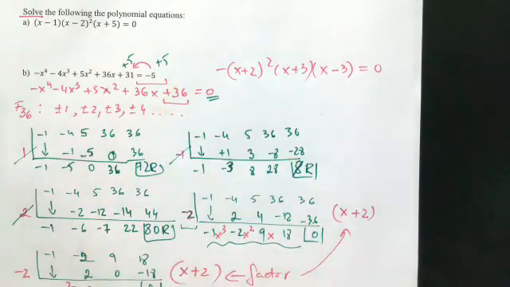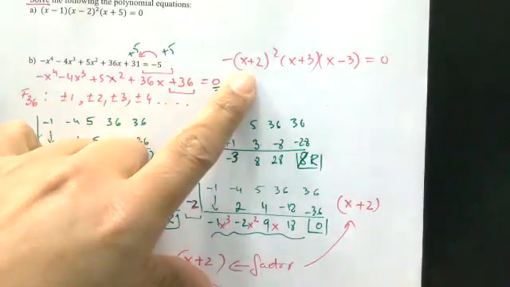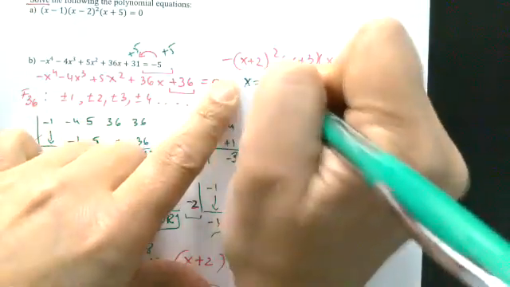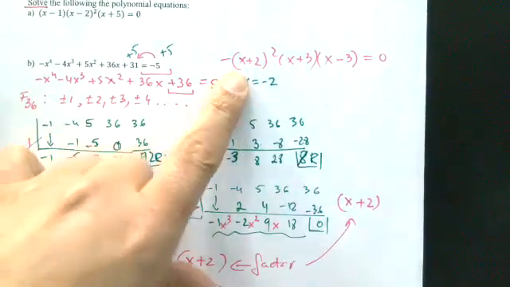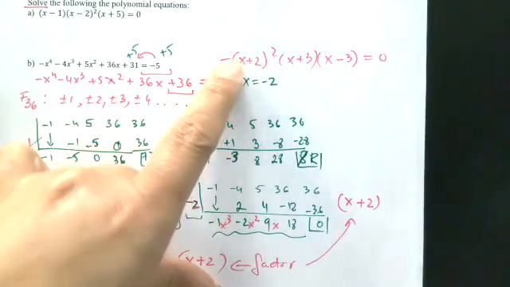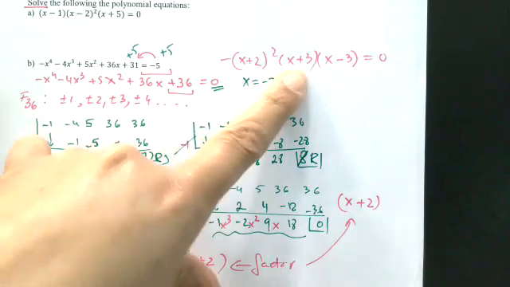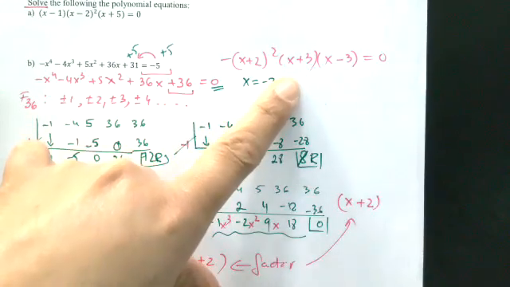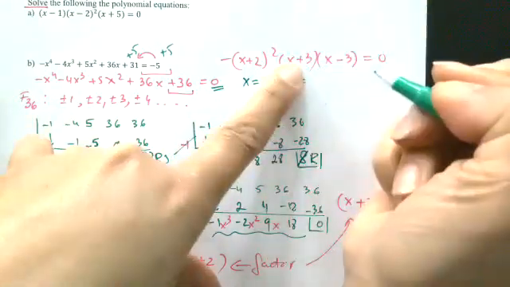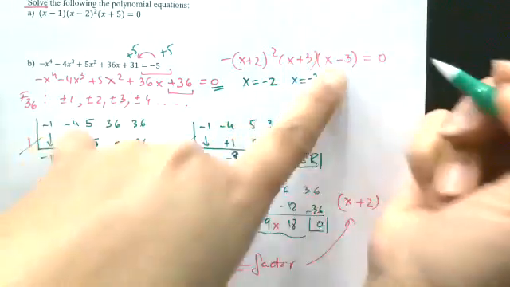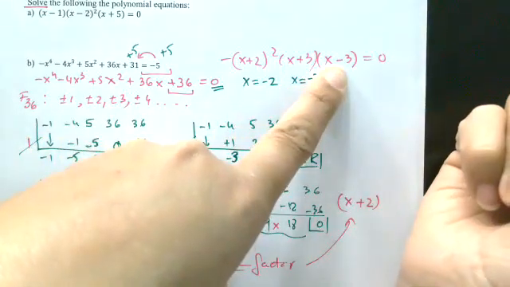Every single bracket must be equal to 0, either on paper or in your head, because now it starts to get clear what x is once you do a few practice questions, right? So what is x from here? -2, right? If you put there -2 plus 2, you get 0 there, right? What's going to be x in the second bracket? -3. What's the x in the third bracket? 3.